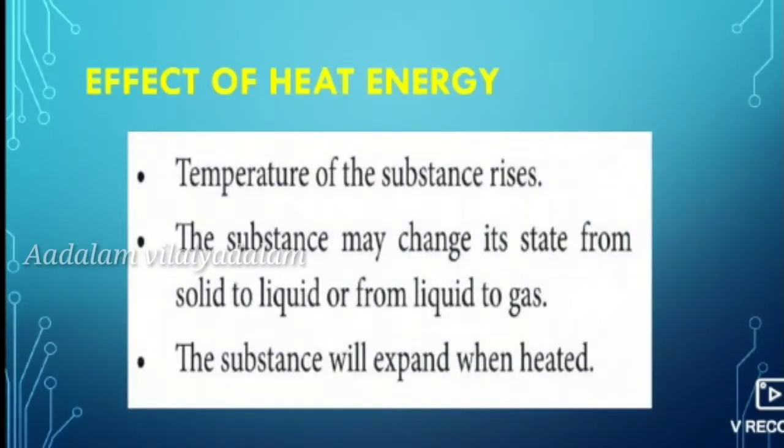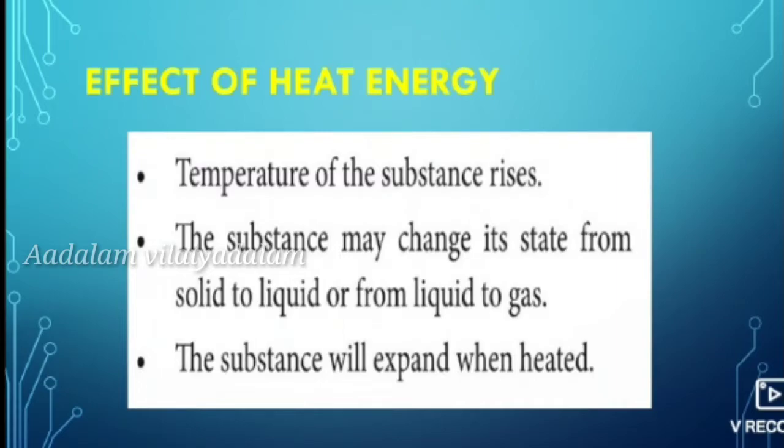If we apply heat energy to a substance, it undergoes the following changes: the temperature of the substance increases; there is a change in the physical state of the substance, whether from solid to liquid state or liquid to gaseous state; and the substance will expand when heated. If we heat a substance, it will expand.